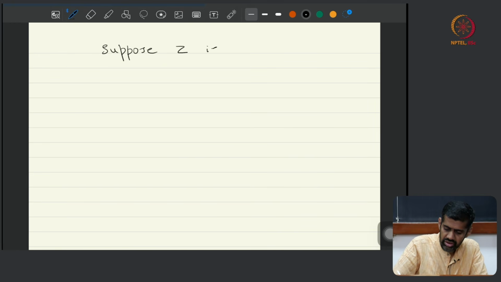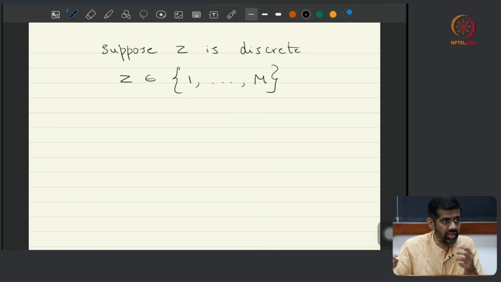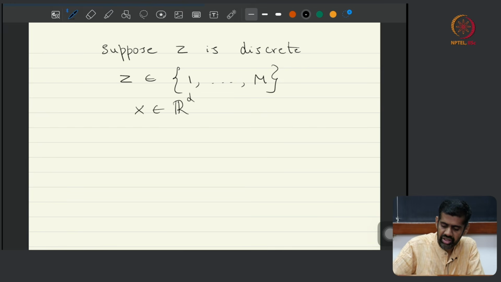In that case z can take 1 out of m possible values. So, this is what the random variable being discrete means, right. So, you have this latent variable taking 1 out of m values. Note that I am not putting any conditions on what my data variable is, right. X can still be in R^d. So, let us say that my x is still in R^d, it is some image or something.